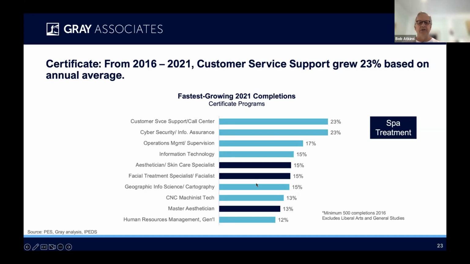And then interesting, GIS, geographic information science and cartography, up 15%, CNC machinist up 13%, and HR up 12%. This GIS, I suspect what we're seeing in here is a lot of interest in drones and some of the work that can be done with drones.